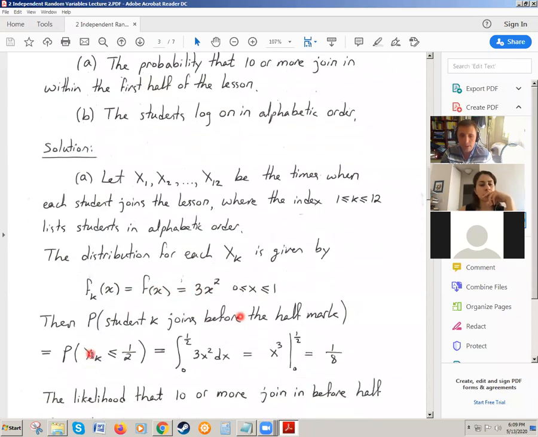So the probability that person K joins within 1/2 or earlier of the lecture is the integral from 0 to 1/2 of 3x squared, which is the same as 1/8. Correct? And now, if that's the case, what's the probability that at least 10 people will join before half of the class is over?